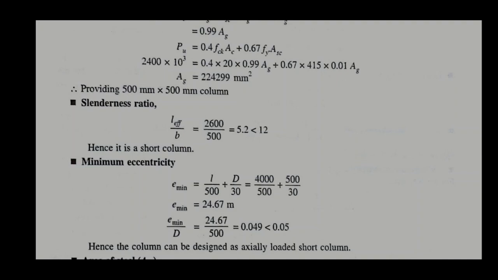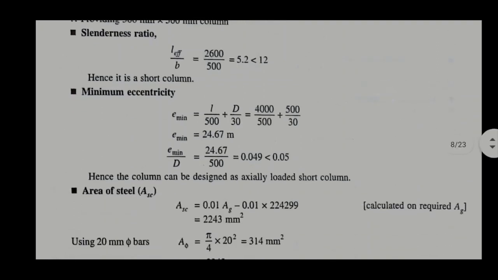So e minimum by D is equal to 24.67 by 500, that is equal to 0.049, which is less than 0.05. So this condition is satisfied, hence the column can be designed as an axially loaded short column. This is the consideration of an axially loaded short column.